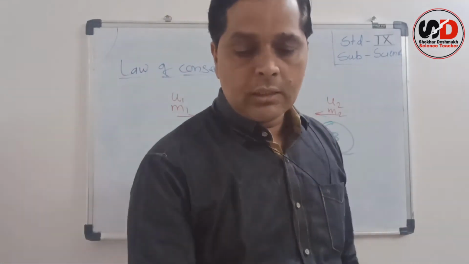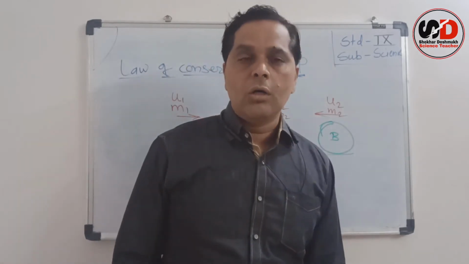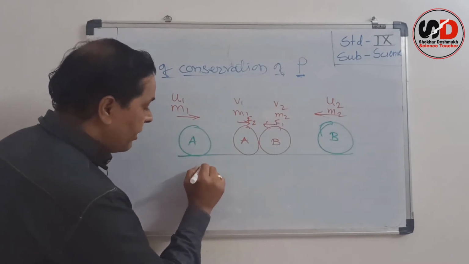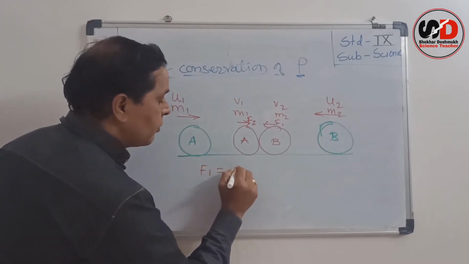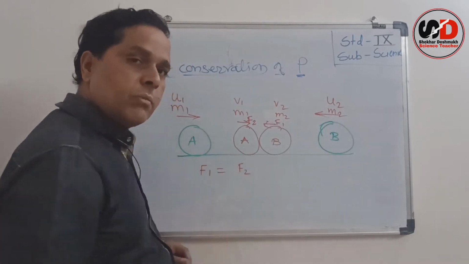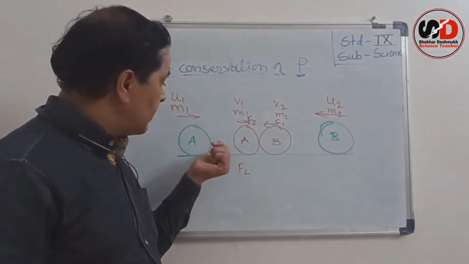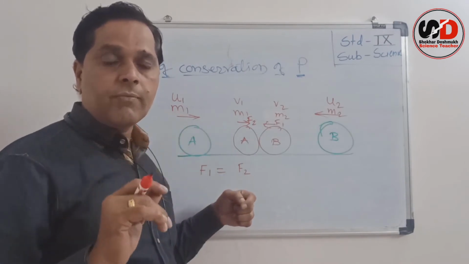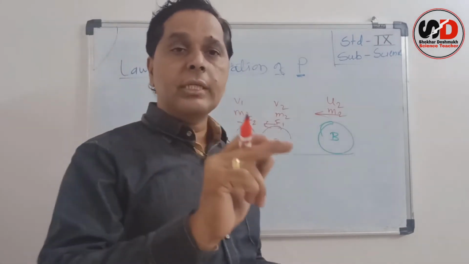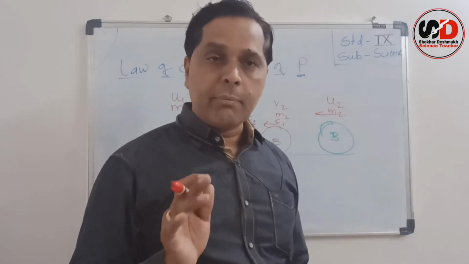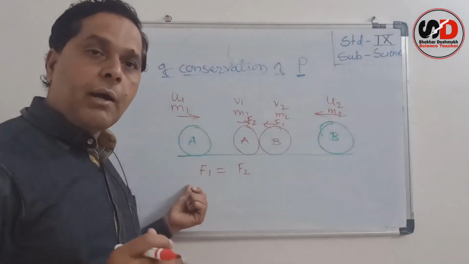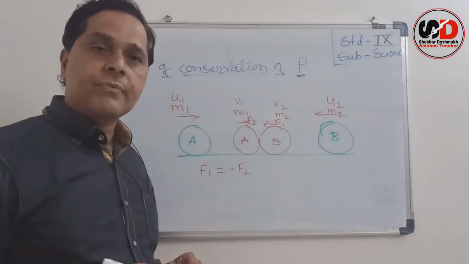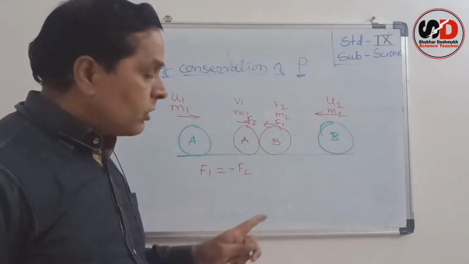According to Newton's third law, F1 must be equal to F2. Because this is the action force, this is the reaction force. They must be equal. But they are opposite in direction. They are opposite. That means as it is a vector quantity, they are opposite. So F1 must be equal to minus F2. Right?